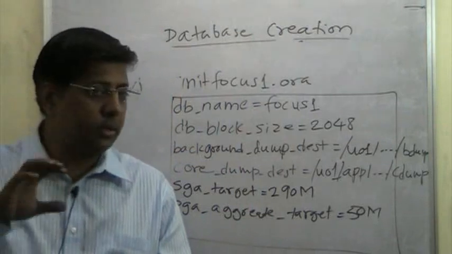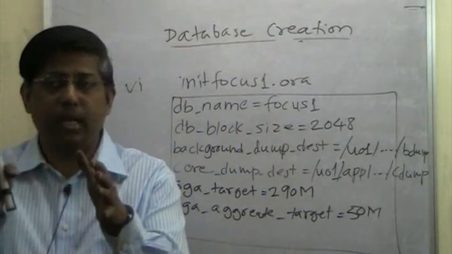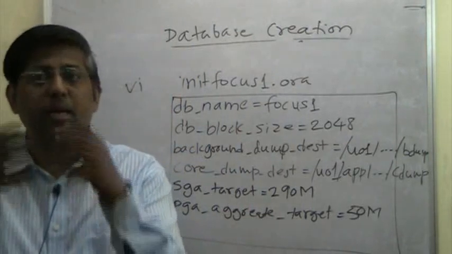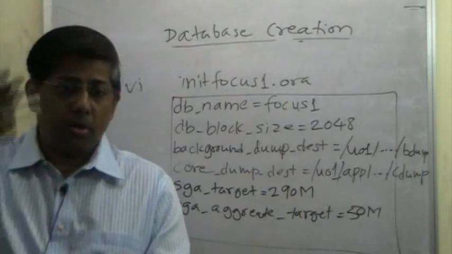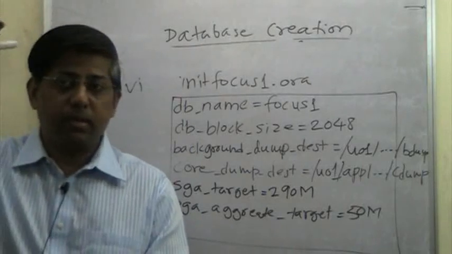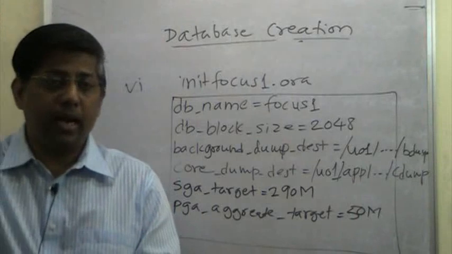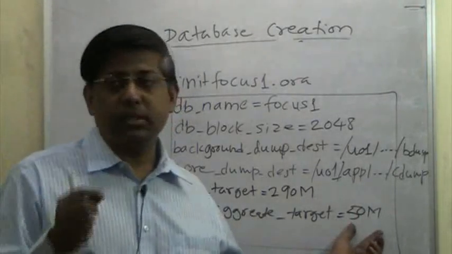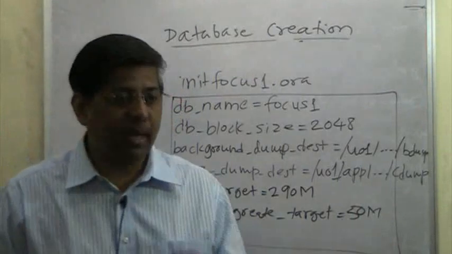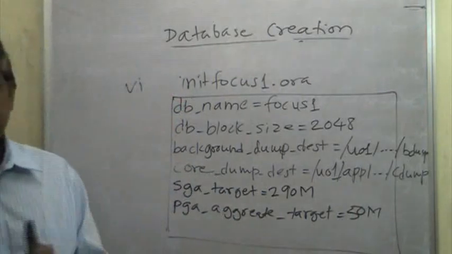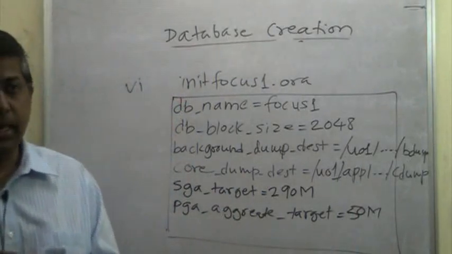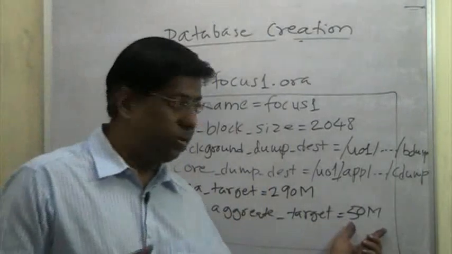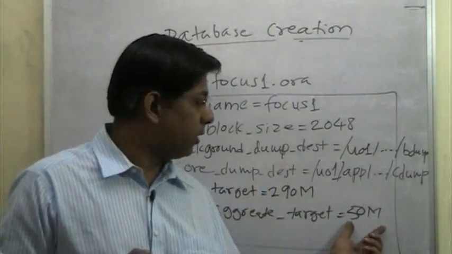For each dedicated server process, there will be a PGA, program global area, assigned to it. Now all those 10 users clubbed together, their collective PGA will not exceed 50 megabytes. Collective, not just for one user, not just for one dedicated process. For all of them together, it will not grow more than 50.